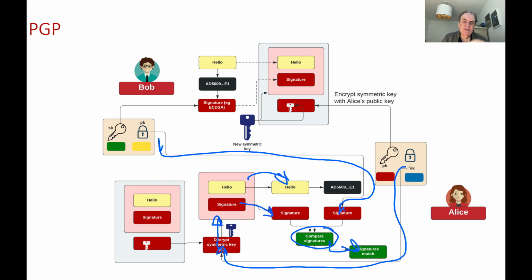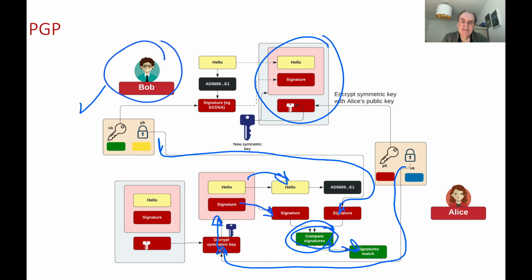If it does, then she knows that Bob has signed the message, so she knows the message came from Bob. She also knows the integrity of the message, because the signatures tie up, and also she knows that no one has read the message because only she can have the private key to reveal the symmetric key.